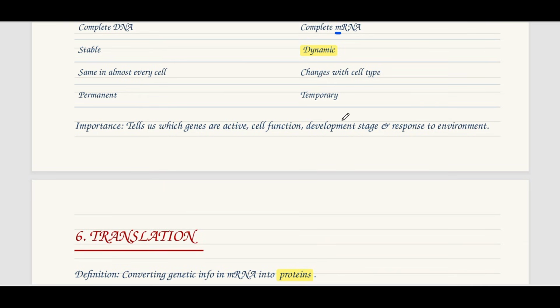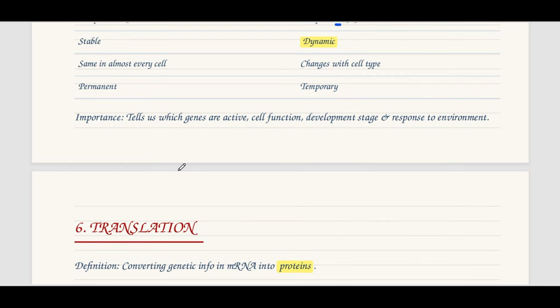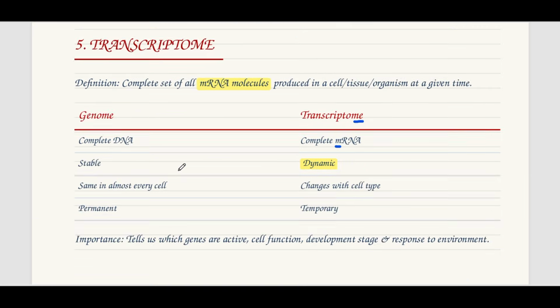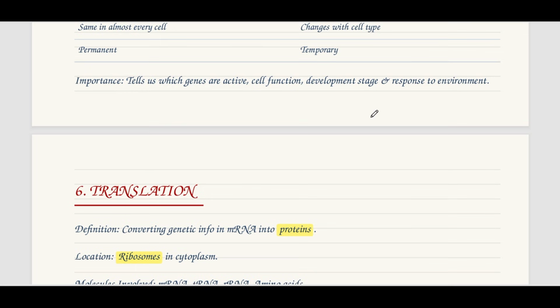After that work is finished, it is no longer active. The importance of the transcriptome is that it tells us which genes are active, the cell functions, the development stage, and how cells respond to the environment.